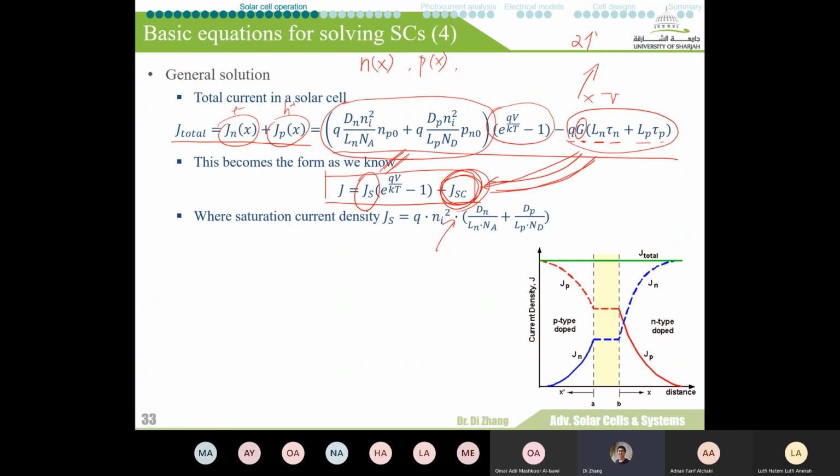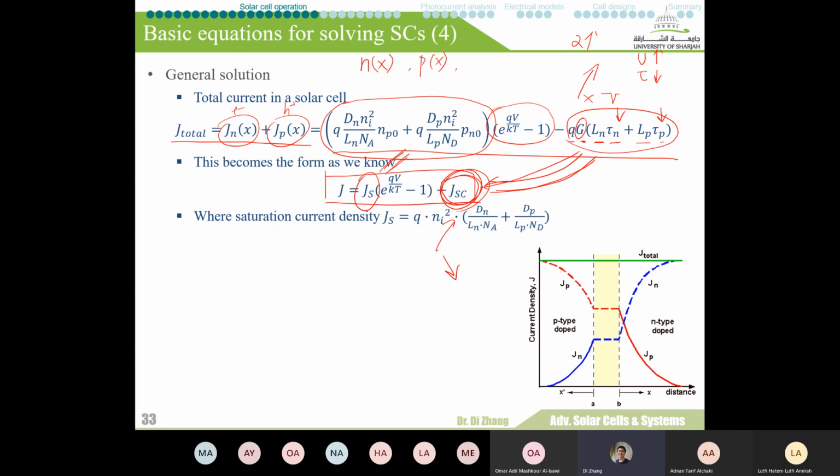Another thing is that you have to consider the recombination behavior. If you have a very fast recombination rate, then obviously the lifetime of the carrier is going to be very small. So more recombination equals less tau, and if it's less tau, then it means that your J short circuit is going to decrease.